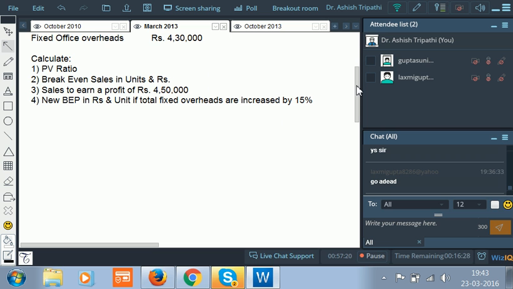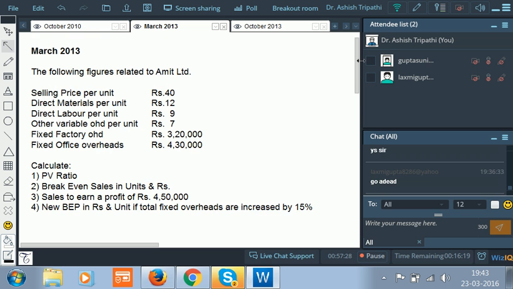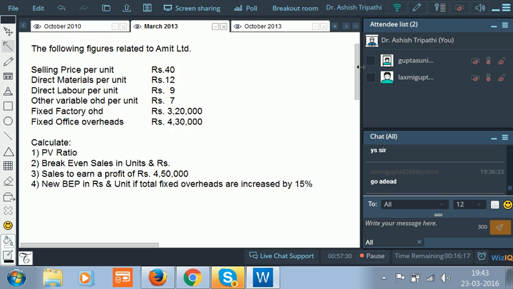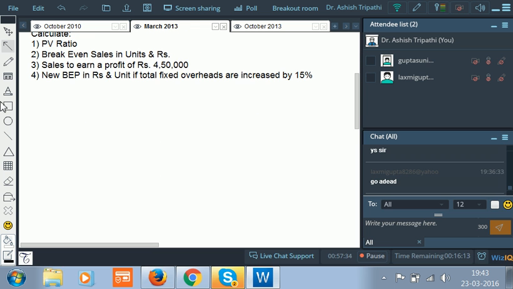First thing, we will have to calculate PV ratio. But before that, we will have to do marginal cost statement. The number of units produced or sold is not given, but the per unit column is given.